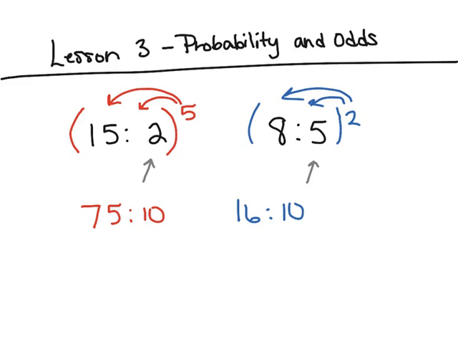So when they're both equivalent like this, it's easier to see that this is much better odds because you have 75 outcomes where it happens and only 10 outcomes where it doesn't happen. Whereas this one, there's only 16 times it'll happen for every 10 that it doesn't happen.